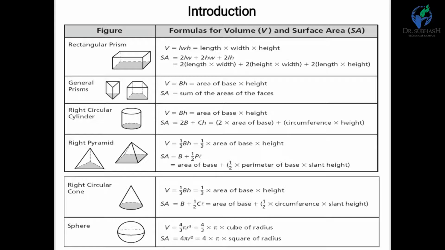That volume is 1/3 into area of base into height. Next is a sphere, our 3-dimensional geometrical shape. V is equal to 4/3 pi r cube.